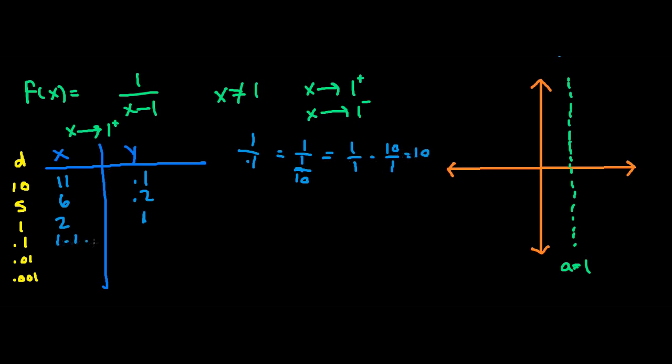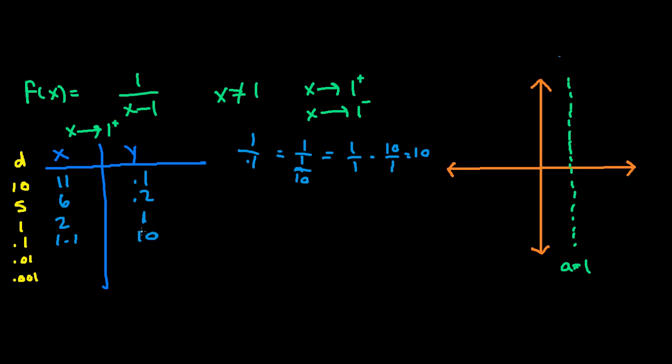So if I put in 1.1, I get 10. So the rate we're increasing has increased even more now. We've gone from 1 to 0.1, and 1 was a 1, but 0.1 is a 10, so we've increased even more.